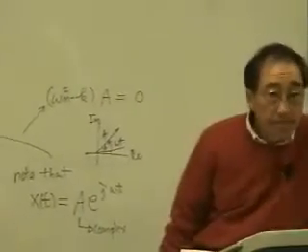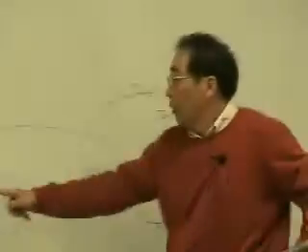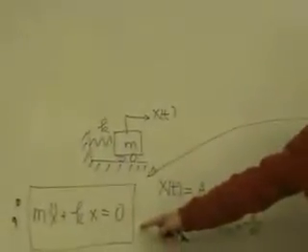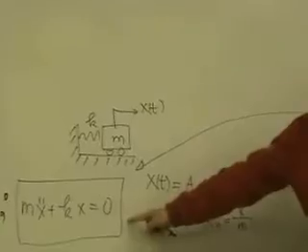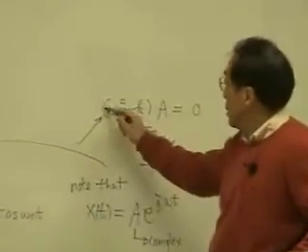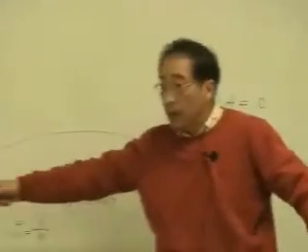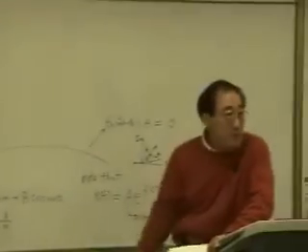Put this one over here. Okay? Then I have minus omega square m plus k times A equals 0, right?